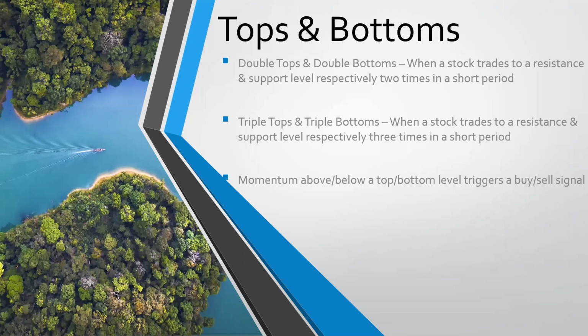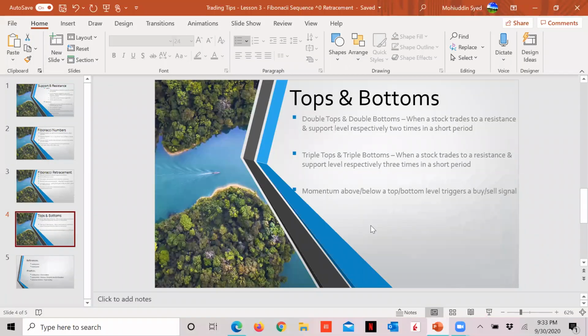Momentum above a double top or triple top gives us a good buy signal. If the momentum is below a double bottom or a triple bottom, that gives us a pretty good sell signal.